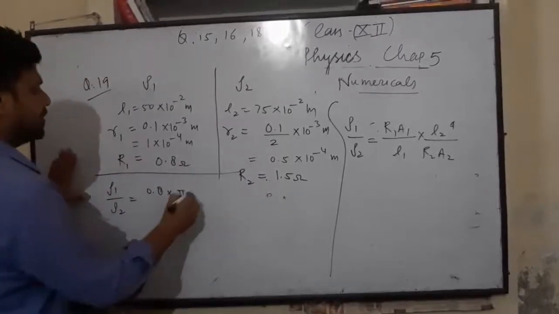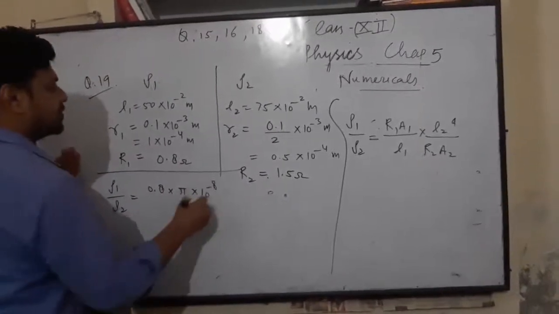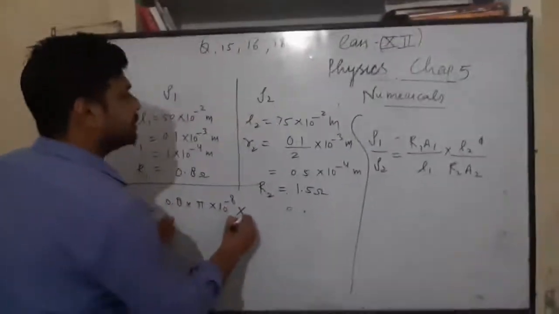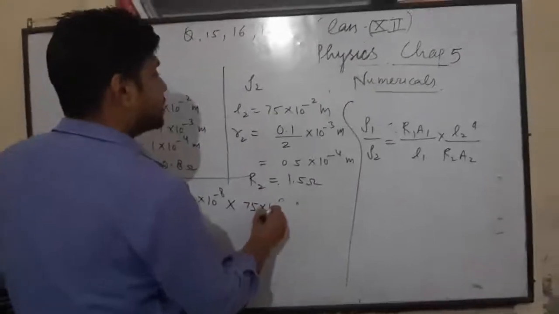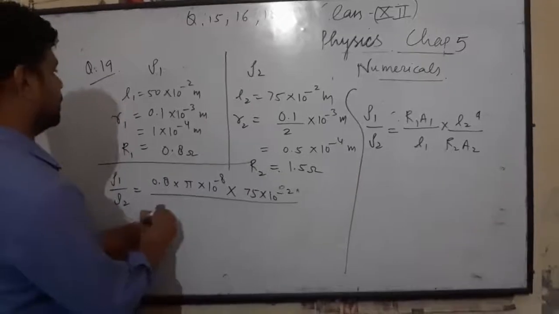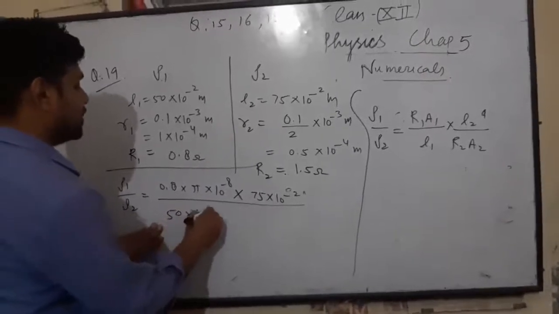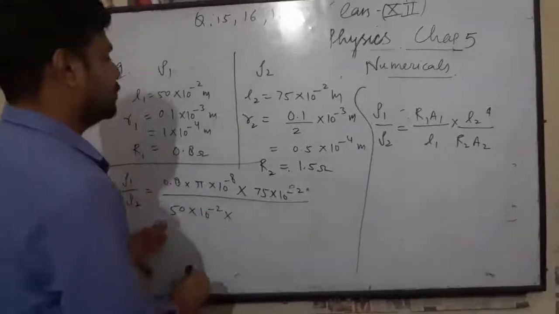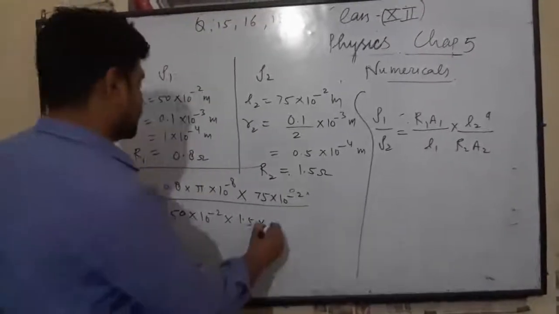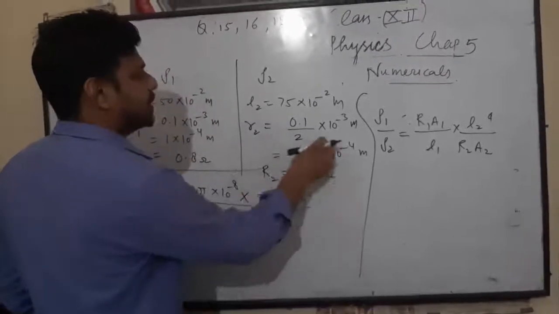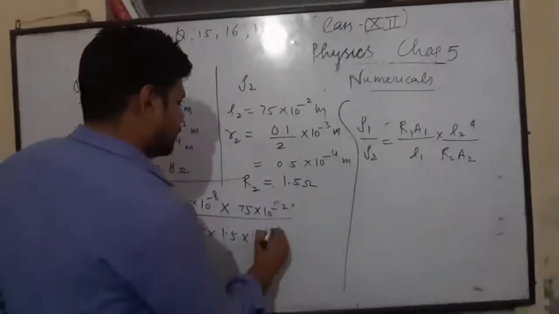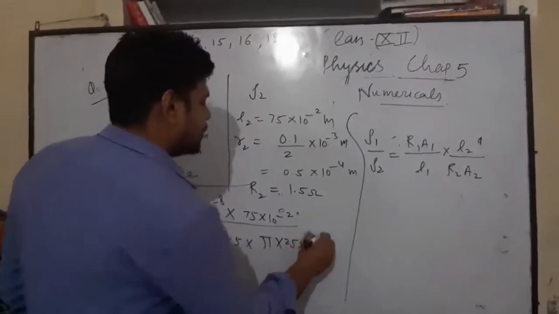Pi R1 square means 10 to the power minus 8, into L2 which is 75 into 10 to the power minus 2, upon L1, 50 into 10 to the power minus 2. R2 is 1.5 and A2 is pi R2 square, so this is pi R2 square. R2 square means 25 into 10 to the power minus 10.